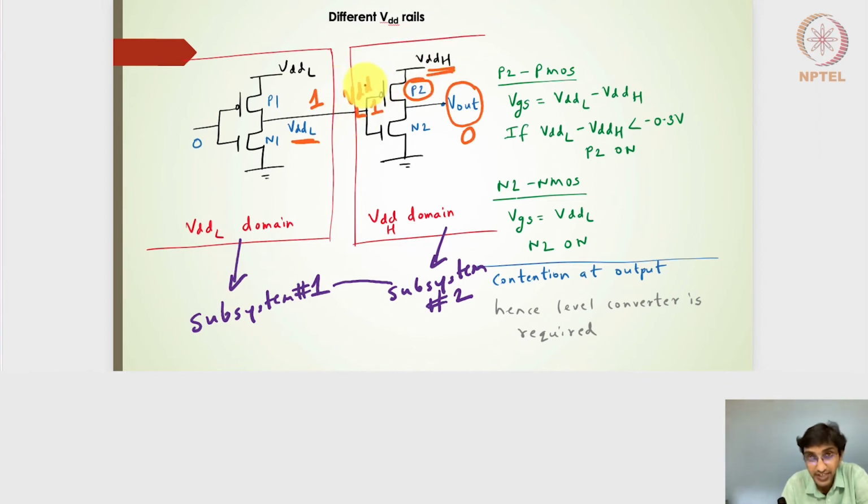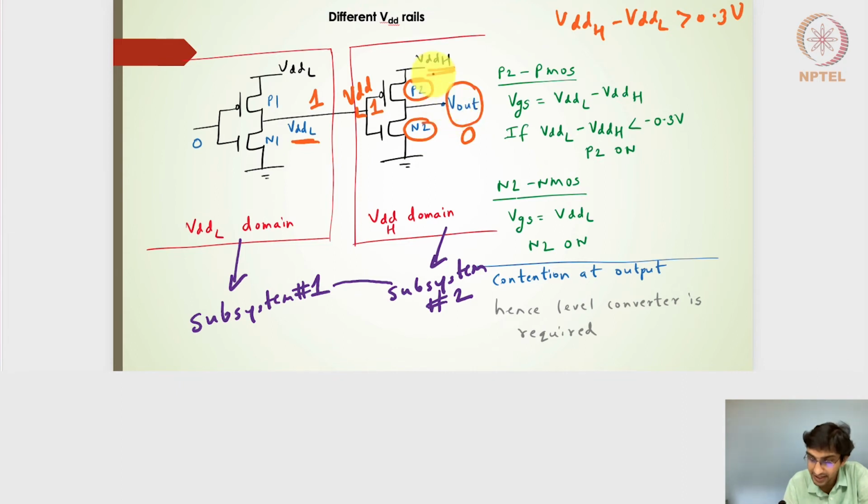If the difference, Vdd-H minus Vdd-L, is more than 0.3 volts, this P2 transistor will be on. And if Vdd-L is likely to be more than 0.3 volts itself, this N2 transistor will also be on. So I have P2 transistor and N2 transistor both being on.